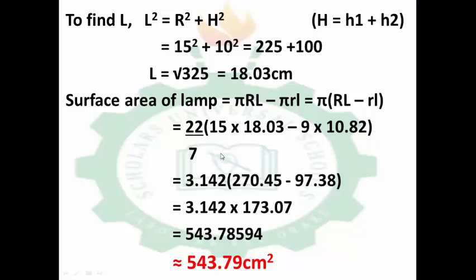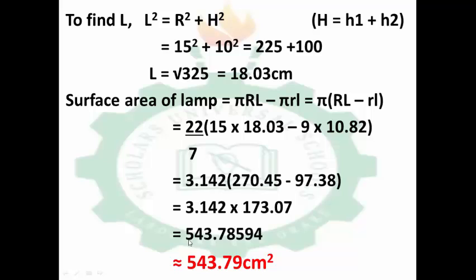And when you open this bracket, you are going to have 3.142 times 173.07. So this will give you 543.78594. Now when you approximate to 2 decimal places, it is going to be 543.79 centimeters square.